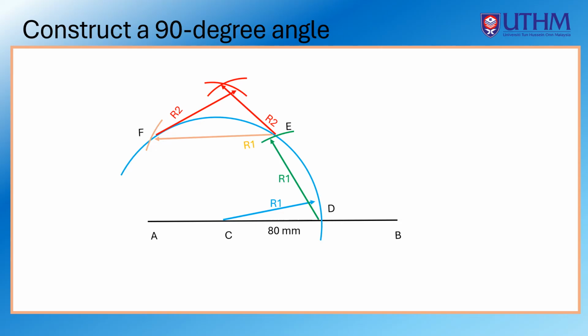From this intersection to point C, create a straight line that connects these 2 points. Now you have constructed a 90-degree angle.